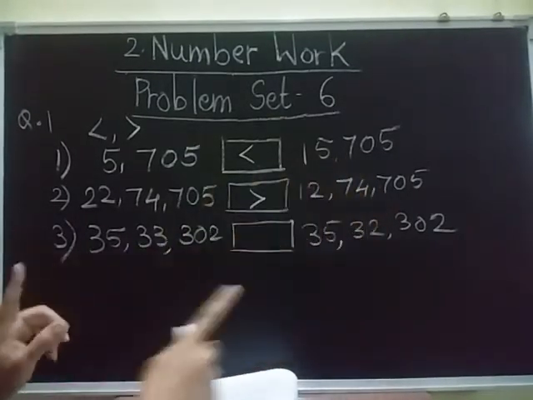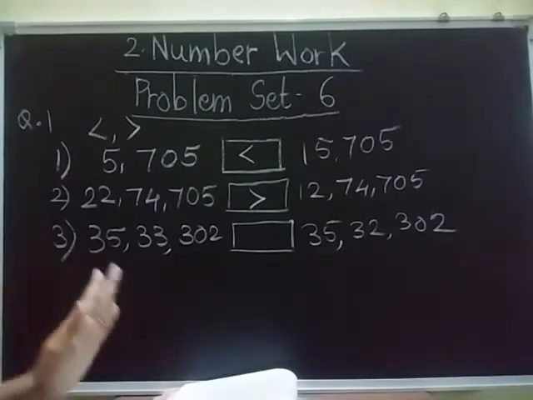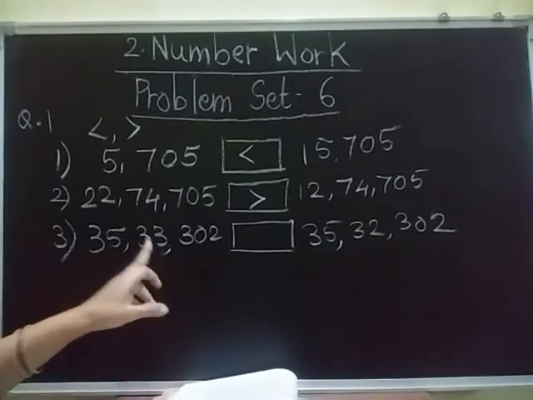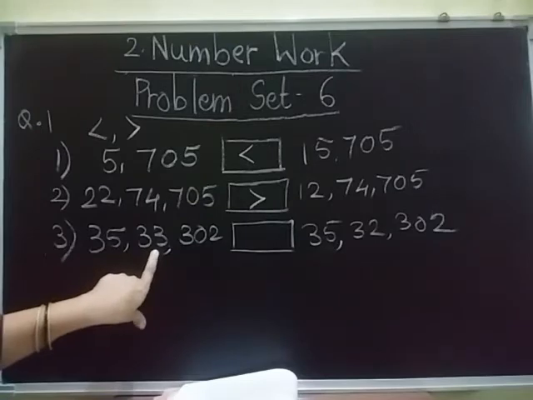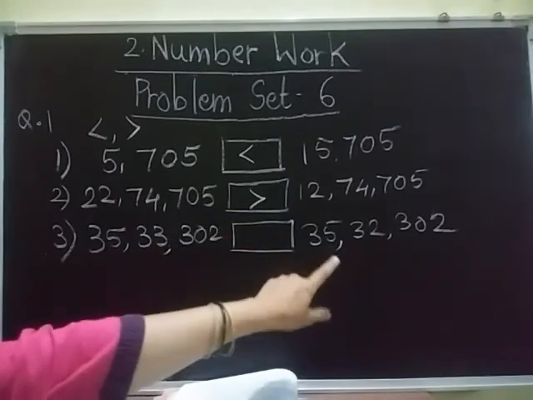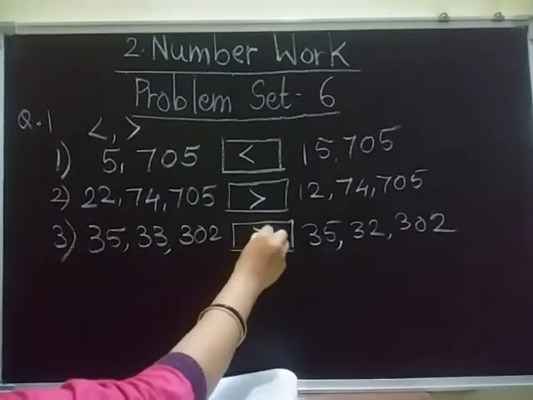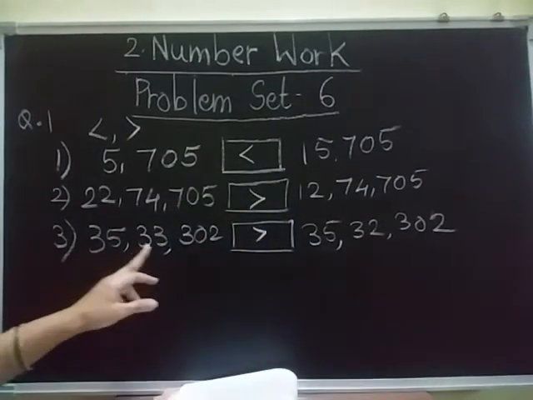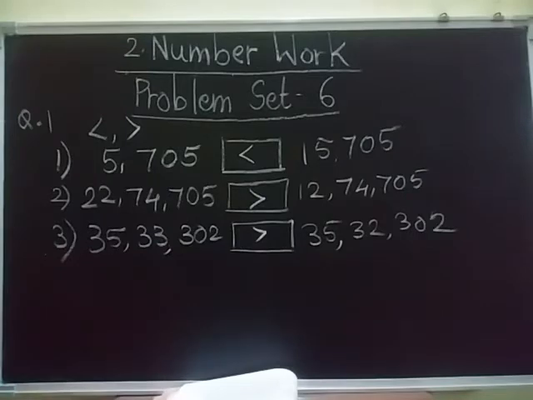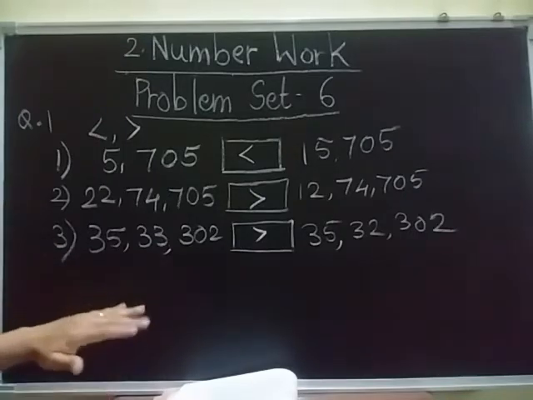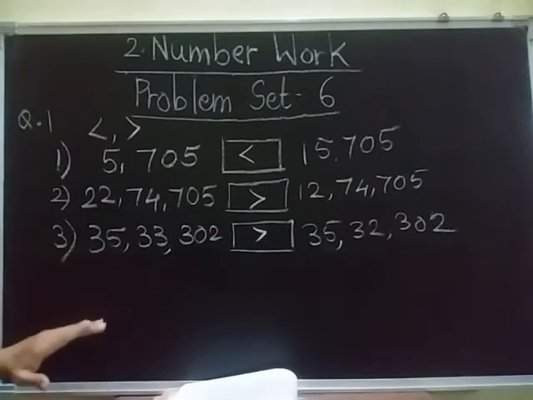Okay, so now we got the difference on the fourth place. Here the fourth digit is 3, which is greater than the fourth digit of that number, 2. So which number is greater? 35,33,302. Okay, so this way you have to solve the remaining 3 sums.